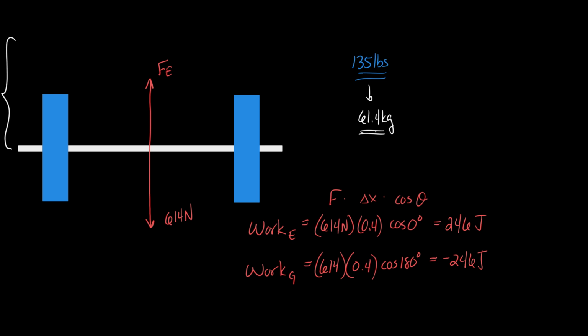Aaron pushes this way, right? I'm sorry, no. The gravity is this way. We're talking about gravity, right? Gravity is this way. And what direction does the bar go? Down. Oh. Up. So the bar went up. So what is the angle between down and up? 180.